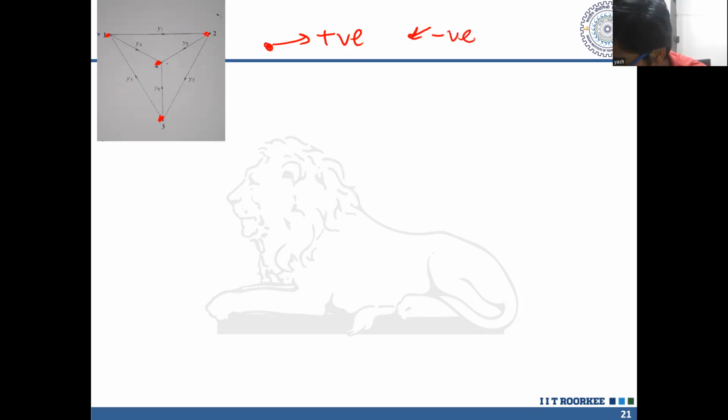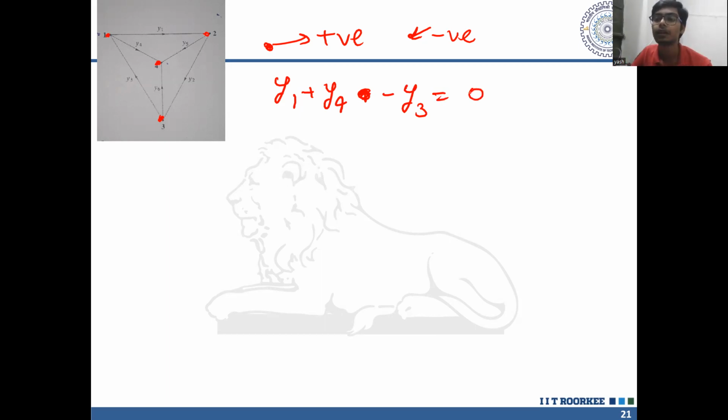For the first node, we can write y1 plus y4 minus y3 is equal to 0, since from Kirchhoff's first law, current can't accumulate or get out from a node.